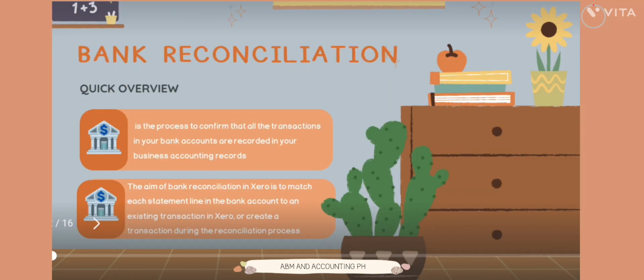Ang kagandahan kasi ng Xero is yung accounting system ng bank is connected sa Xero. Meaning, automatic maglalagay ng mga bank feeds or bank transactions after the end of the day. So for example, yung bank transactions ngayon, lalabas siya as bank feeds bukas sa Xero.